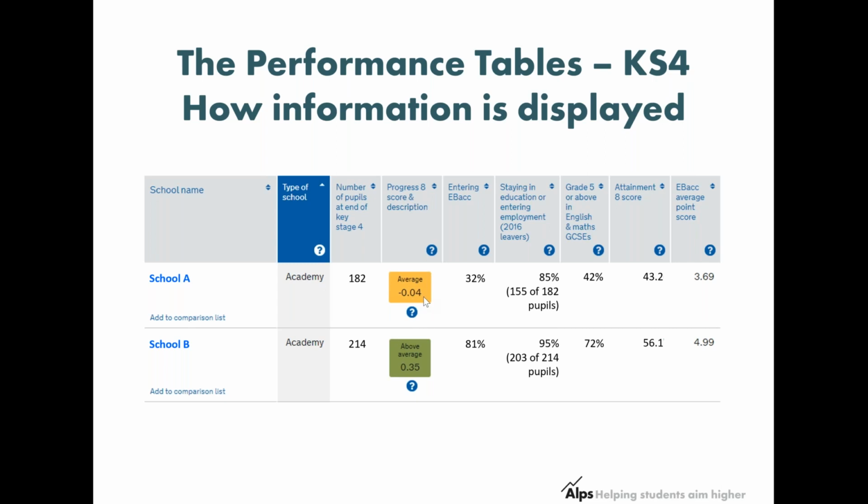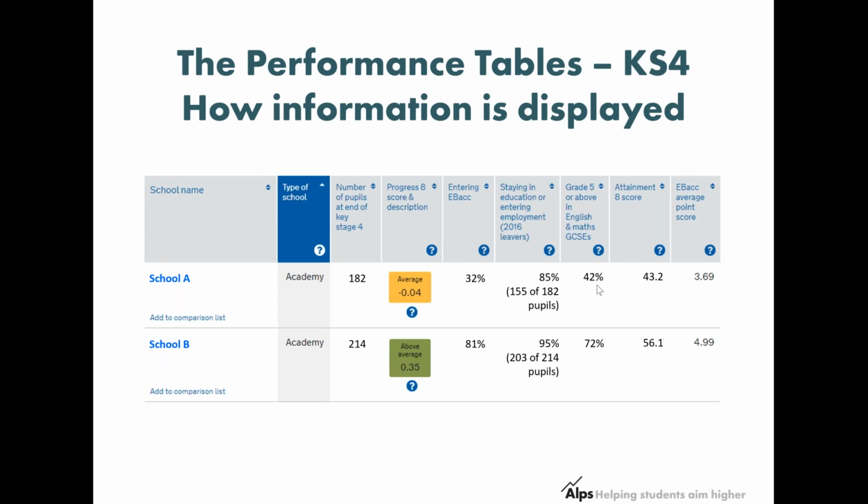The Alps rotational score, the score that everything hinges around, is 1.00. It's not that Alps has chosen 1 and Progress 8 has chosen 0, it's a slightly different sway, but I want you to be aware that the magic number in Alps isn't 0, it's 1.00. I'm going to come back to that in a moment.